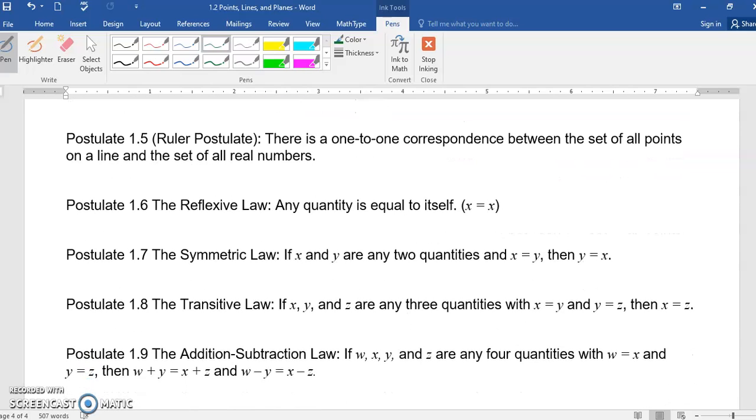Now I have this ruler postulate that says there's a one-to-one correspondence between the set of all points on a line and the set of all real numbers. If you look at page 13 in your textbook, there's a little more explanation on that with some diagrams you can look at.